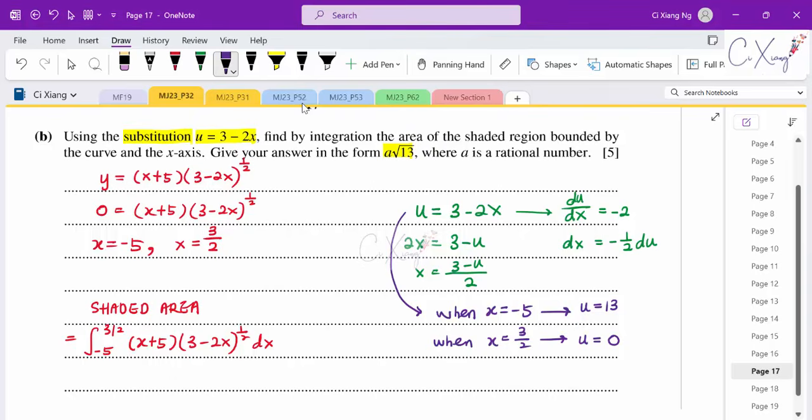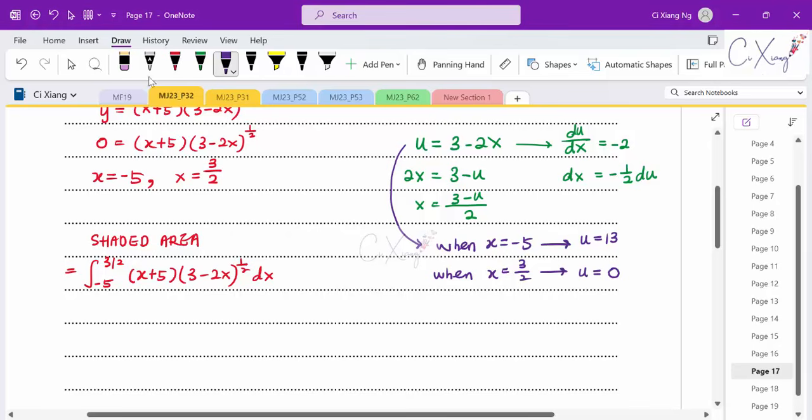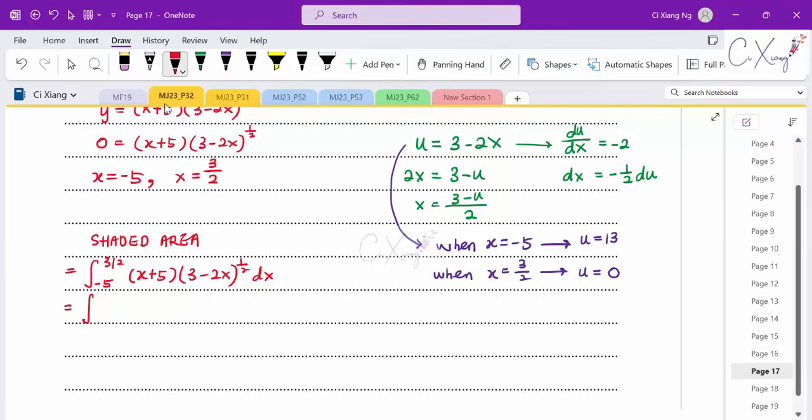Now we have everything ready, meaning we have rephrased everything in terms of u, and I can start putting in all the values here. When x equals -5, I get 13, so we should follow the original location of the limit.